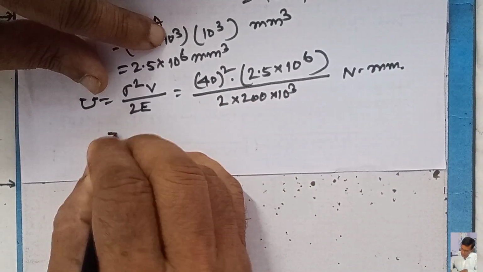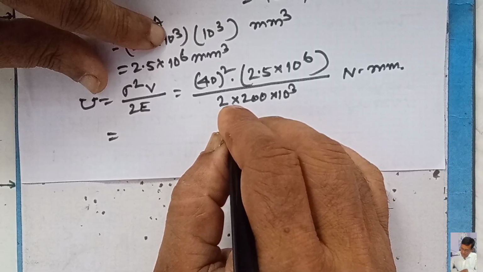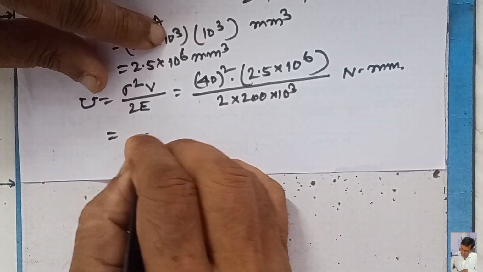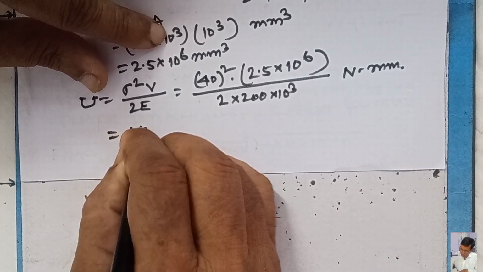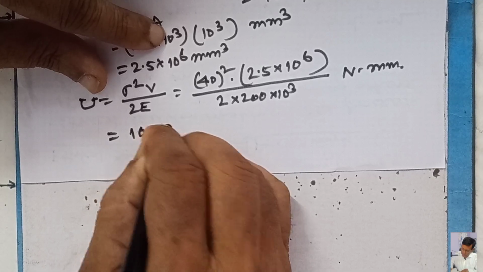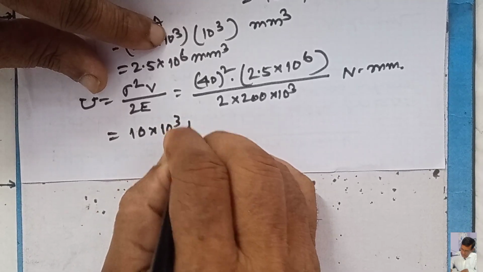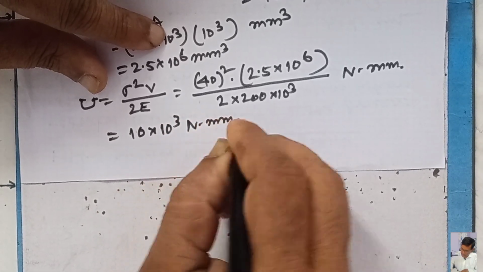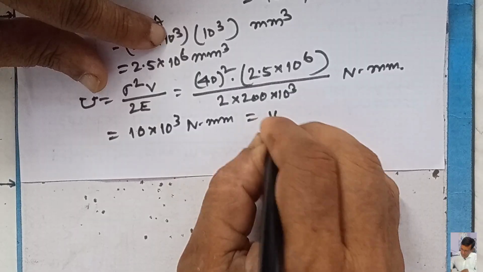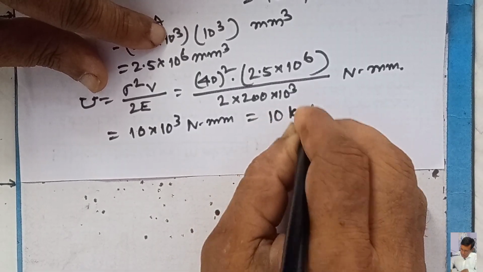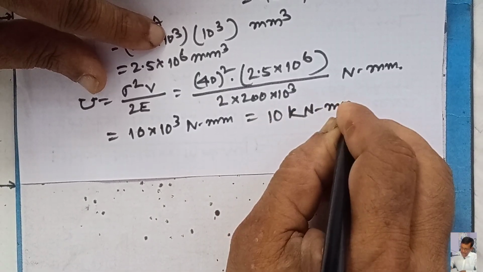After cancellation, we will get 10 into 10 to the power cube Newton millimeter is equal to 10 kilonewton millimeter.